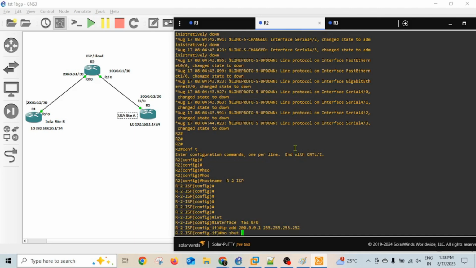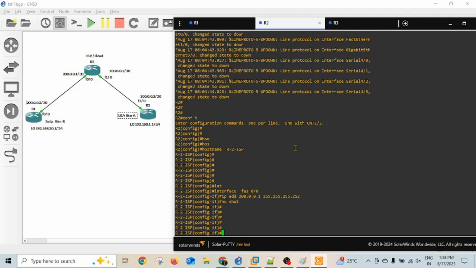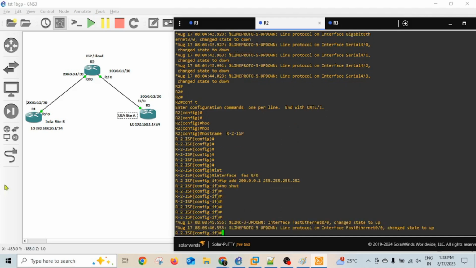We do not do any routing, because the ISP only provides the internet, and they do not do routing at your end.